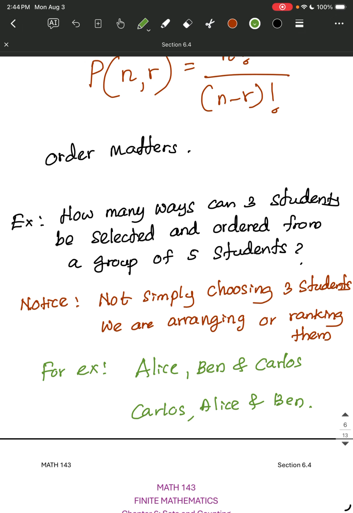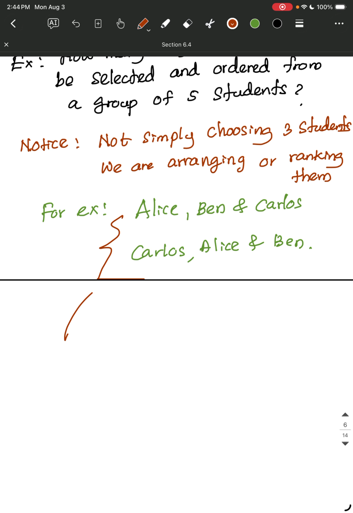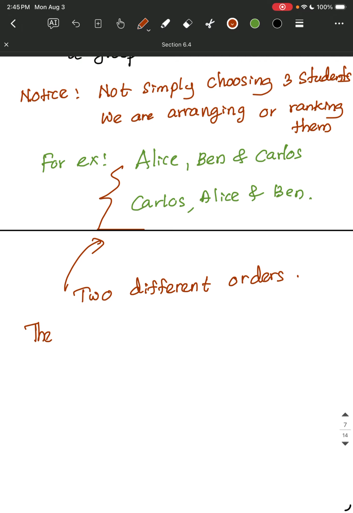These are two different orders. Therefore, order matters and we use a permutation.